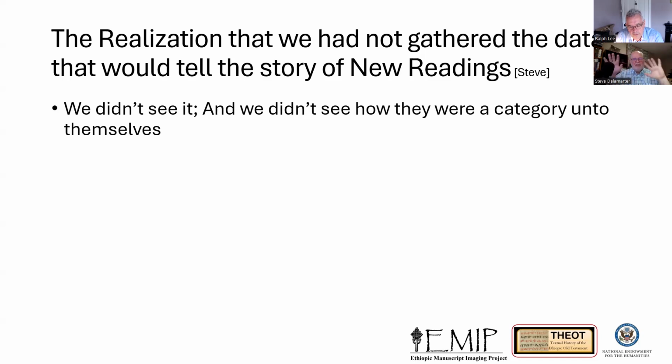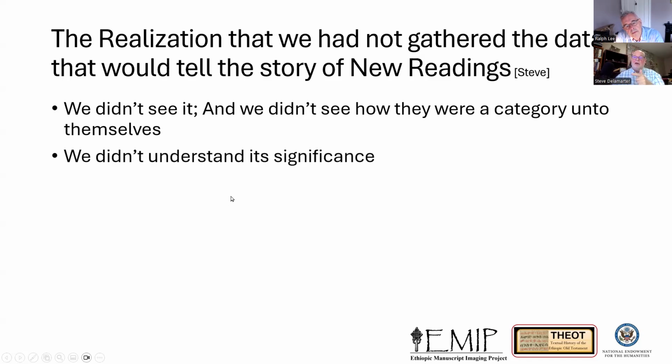We saw them as subsets of other things, and consequently we didn't see the significance. This ends up being the second most significant finding of the project. These two patterns are ubiquitous across the tradition from book to book to book. So this is really, really important.